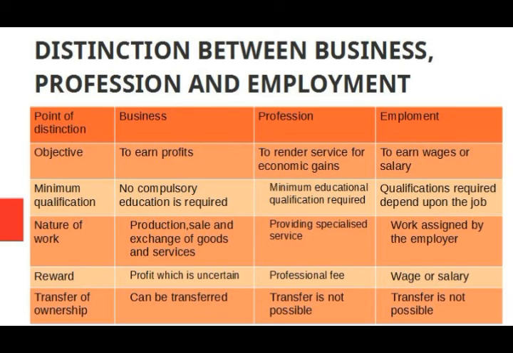In case of business, profit, which is uncertain. In case of profession, professional fee. And in case of employment, wage or salary. Next one, transfer of ownership. Business can be transferred, but profession transfer is not possible. Employment transfer is also not possible.